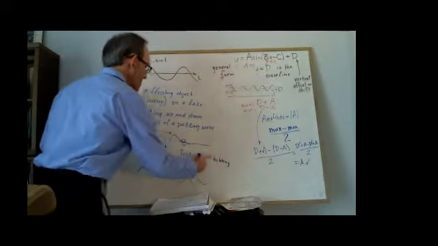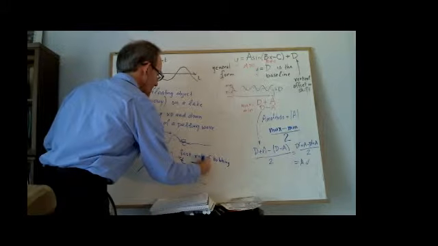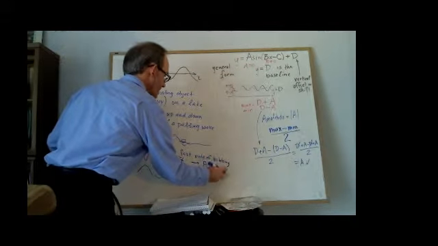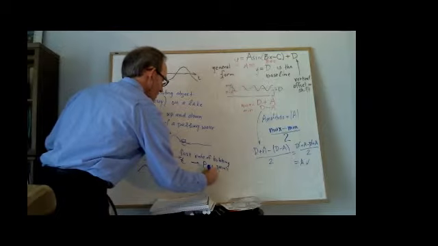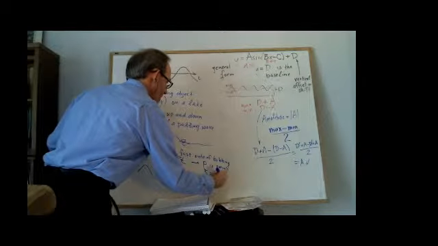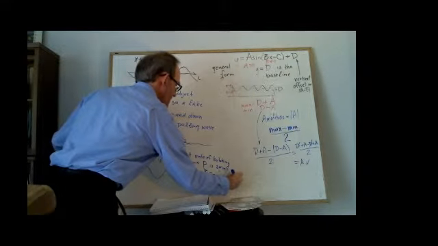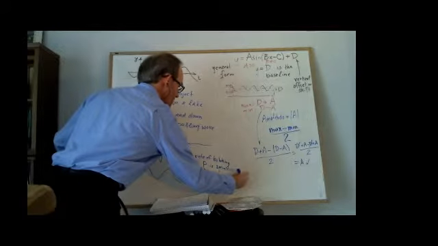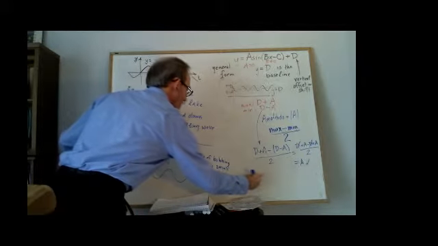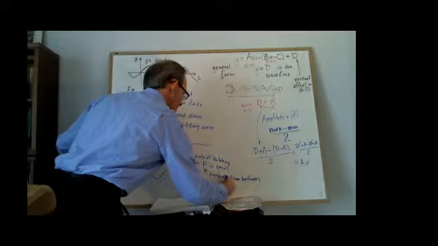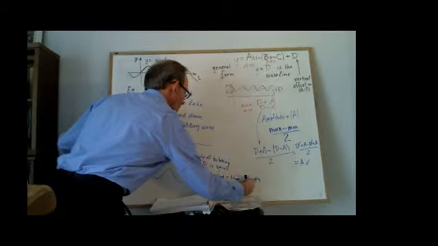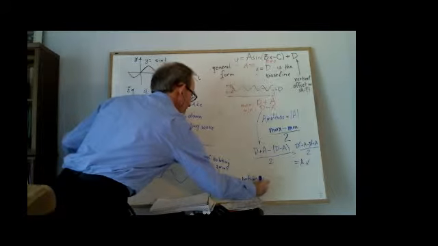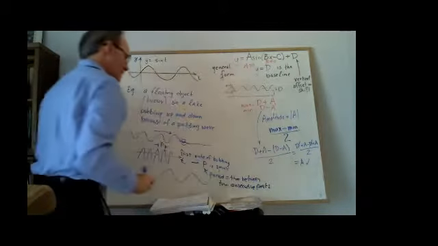So when you have a fast rate of bobbing, that means the period, p, is small. The period is the time between two successive peaks. Two consecutive peaks.